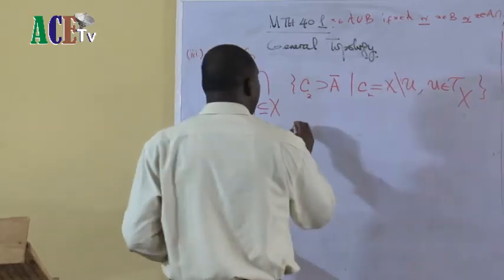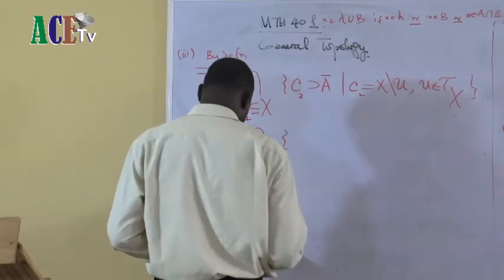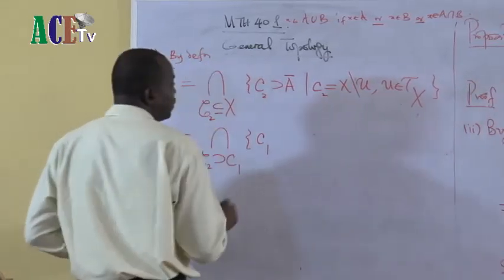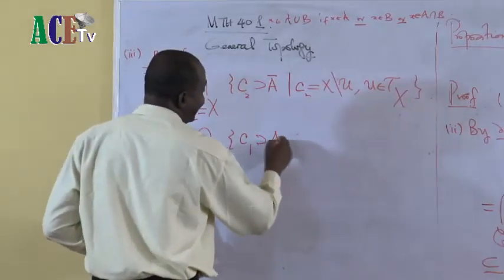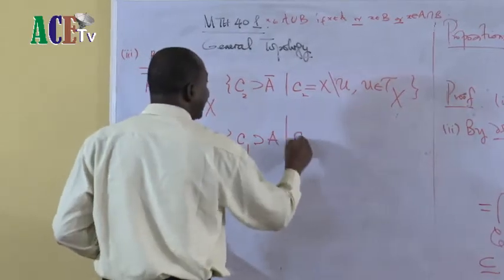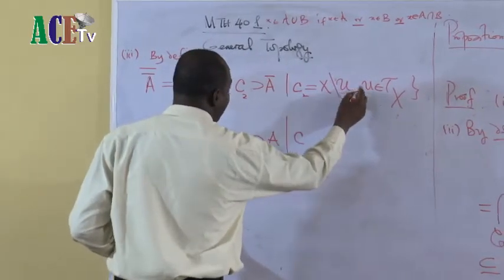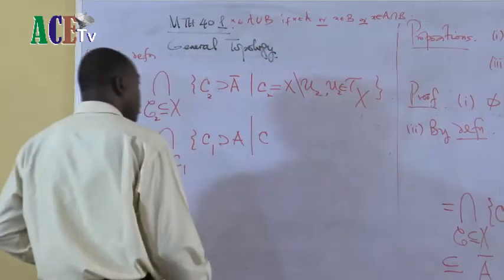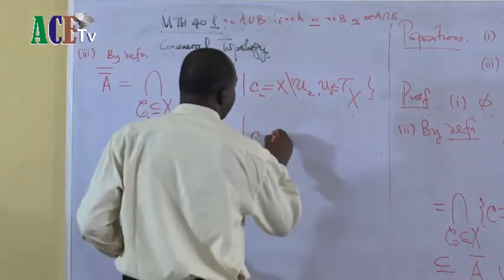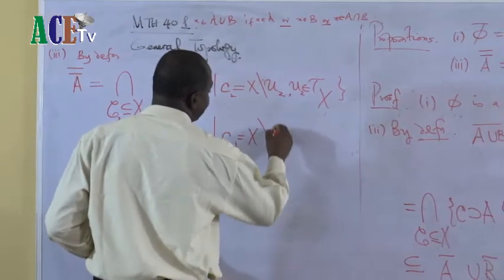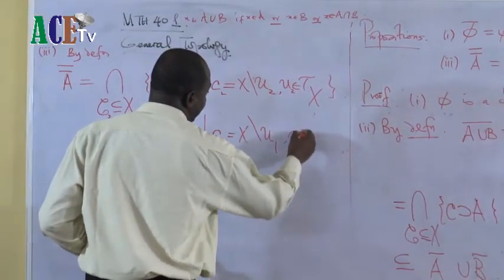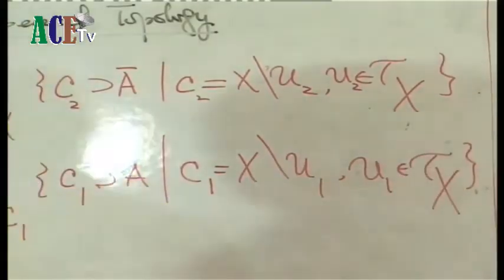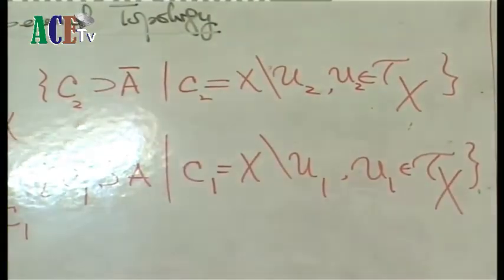So that you have C1 containing A, such that, let me call this one U1, C1 is X take away U1, and U1 belongs to the topology.